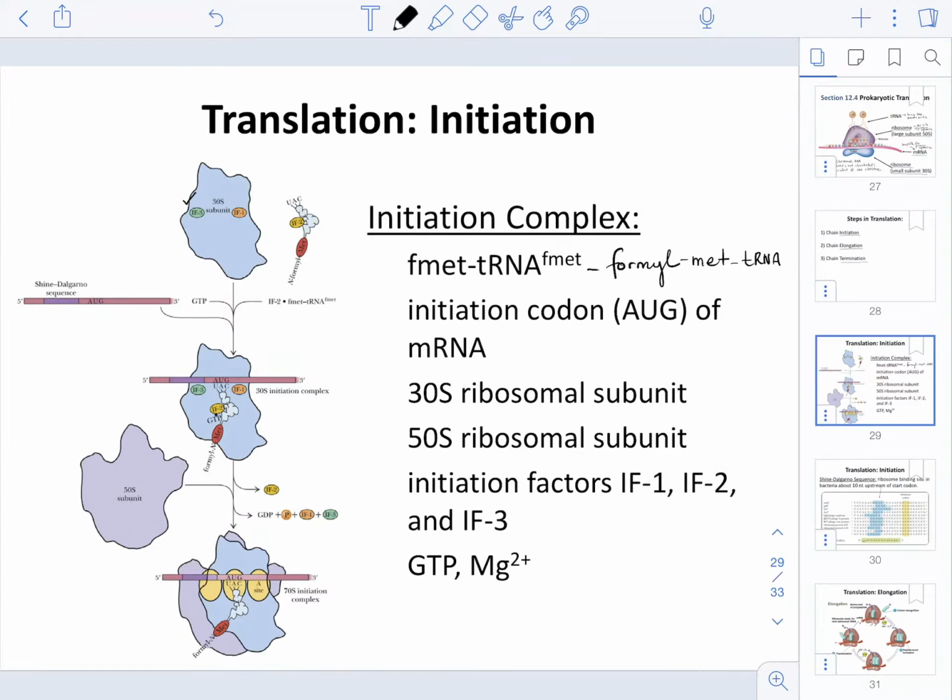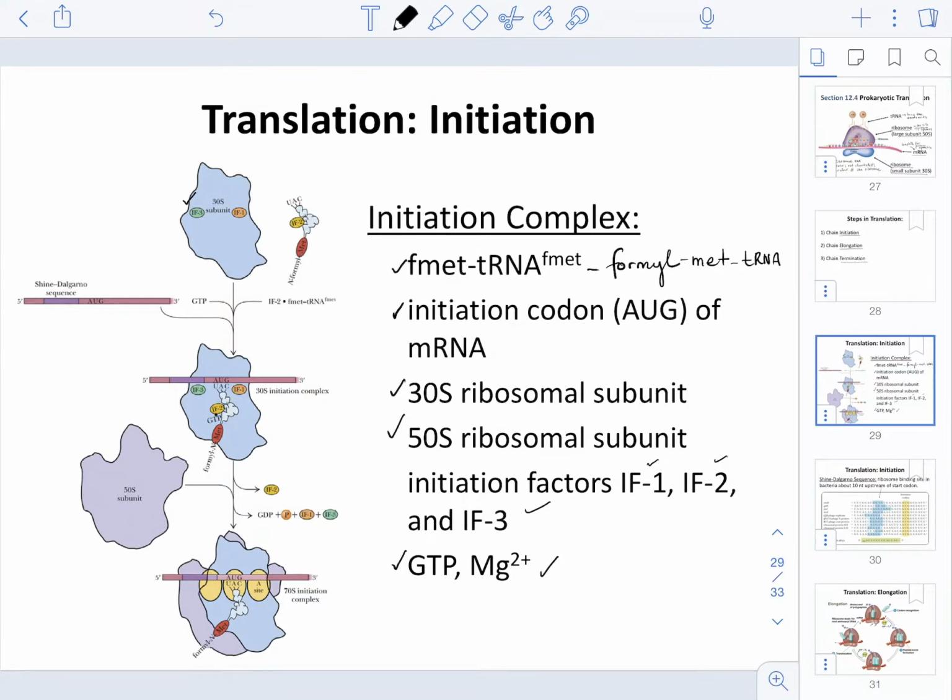We're going to have the identification of an initiation codon in the mRNA, and the small subunit and the large subunit of the ribosome come together. We're going to have some initiation factors, designated by the numbers 1, 2, and 3. And lastly, we're going to have GTP and magnesium present. So let's explore what happens during this stage.